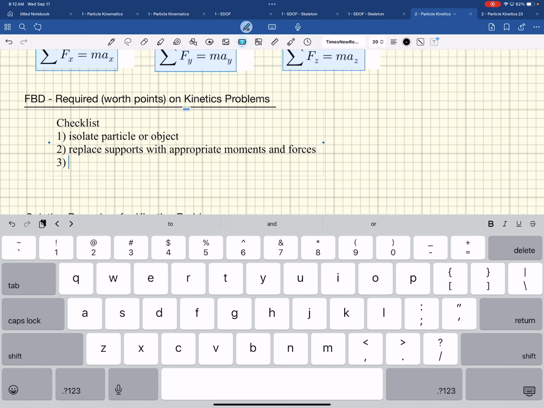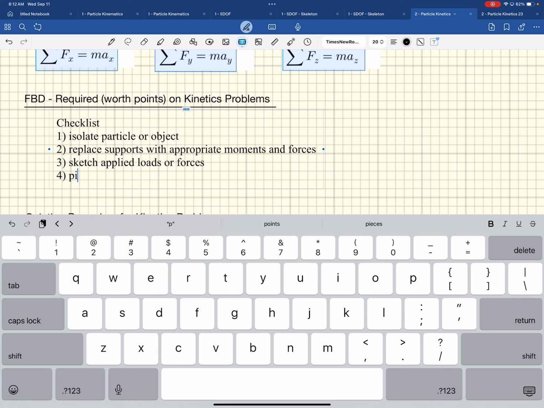We're going to sketch applied loads. We use loads and forces interchangeably. And then the fourth step, pick a coordinate system.